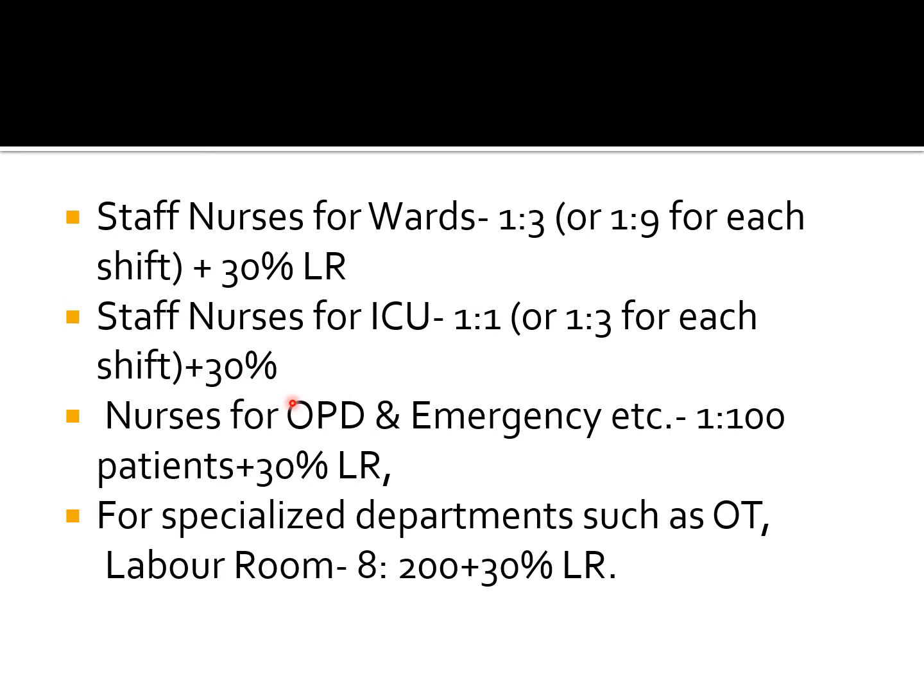Nurses for OPD and emergency 1:100 patients plus 30% leave reserve. For specialized units such as OT, labor room, there must be 8 nurses for 200 beds plus 30% leave reserve. The 30% leave reserve is in case the assigned staff are on leave; they must be provided with a sufficient supply. So 30% leave reserve has to be maintained.